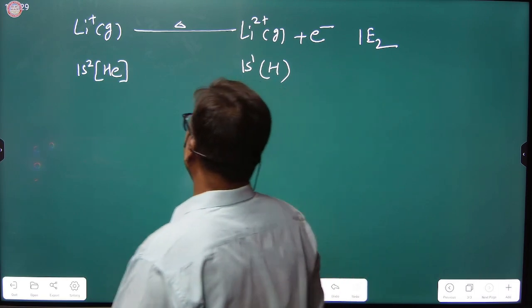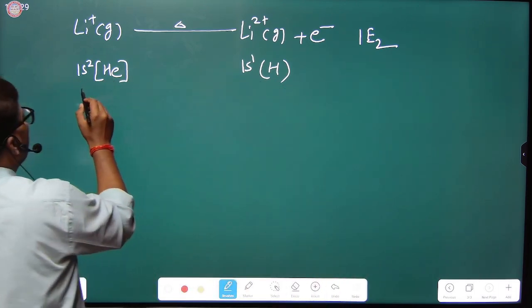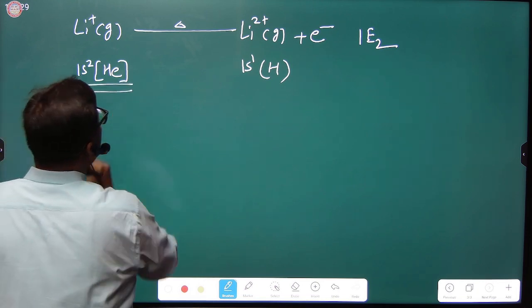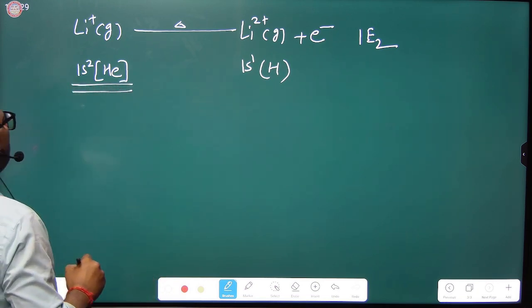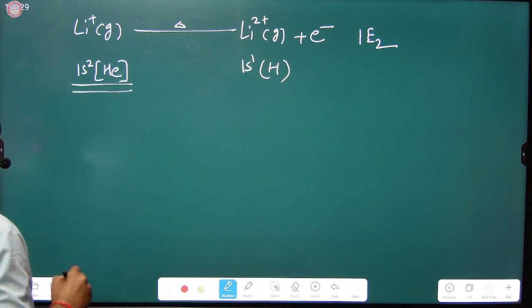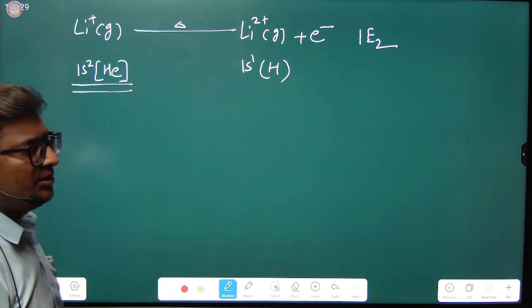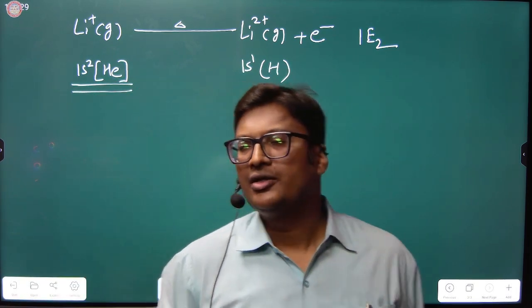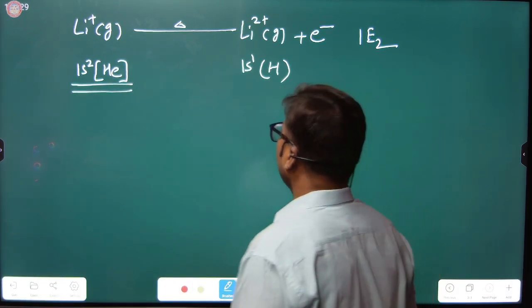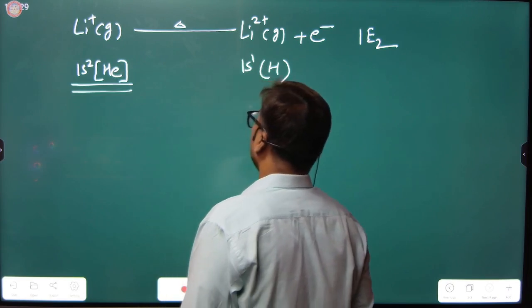Because of the stability of this orbital, electron removal is very difficult, because the stability will be disturbed. So a very high amount of energy will be required.